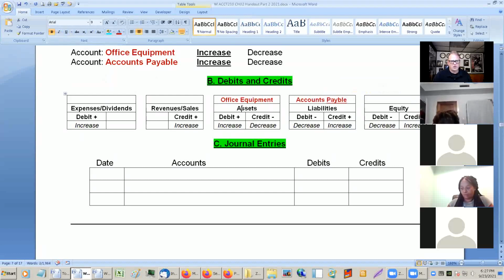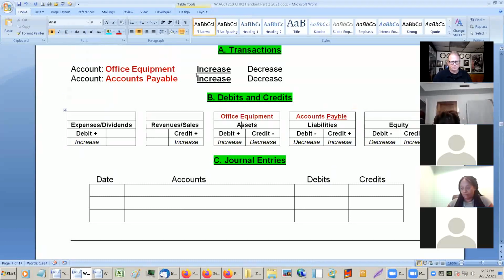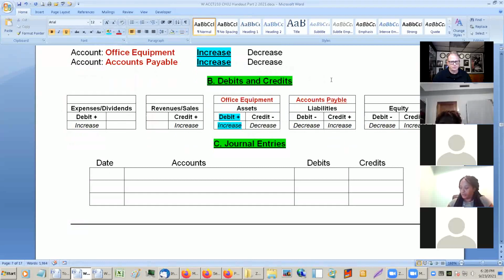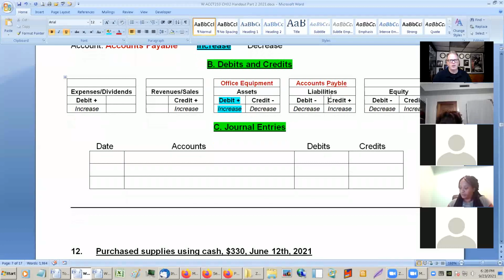Okay, office equipment is going up. Debit or credit? Debit. Yep. So it's increasing, so it's going to increase with the debit. Accounts payable, increasing. Debit or credit? Credit. Yep.